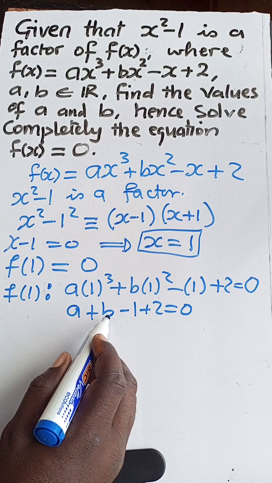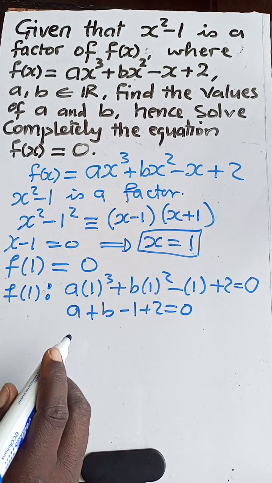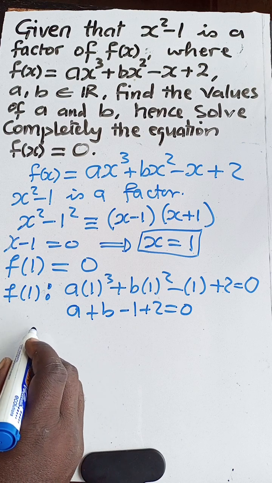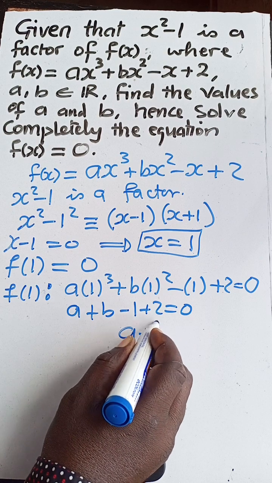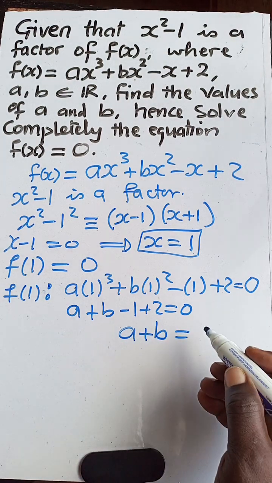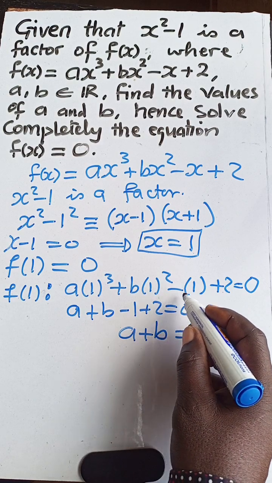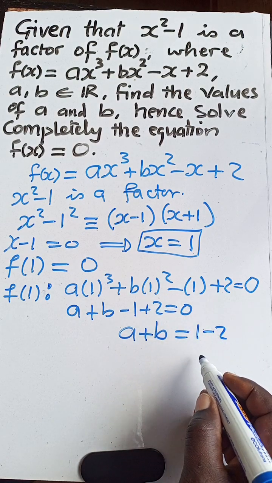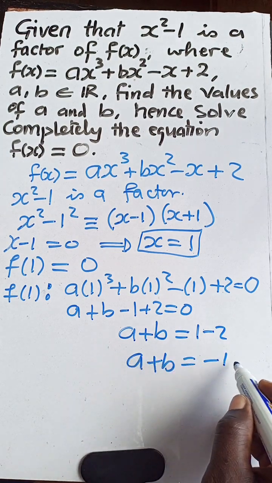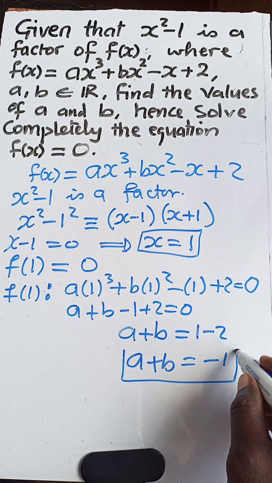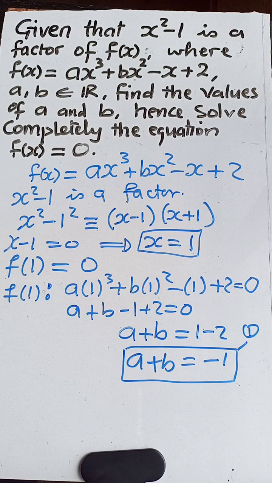All right, if we leave a plus b on the left hand side and carry the constants to the right hand side, then we're going to have a plus b is equal to this negative 1, carrying that across becomes positive 1. This is positive 2, carrying that across becomes negative 2. That will give us a plus b is equal to negative 1. All right, we can put that in a box. Okay, we'll call it equation 1.